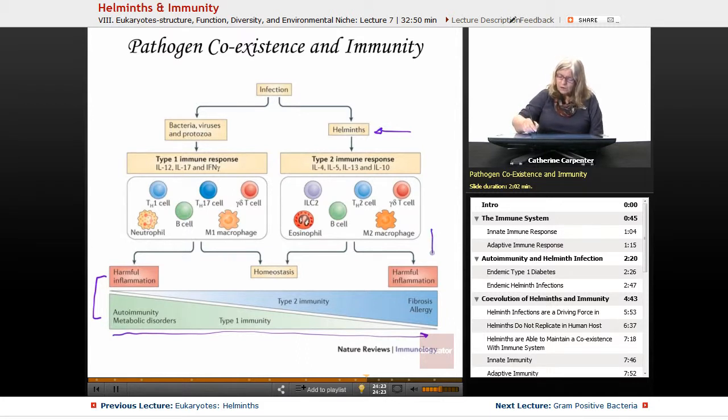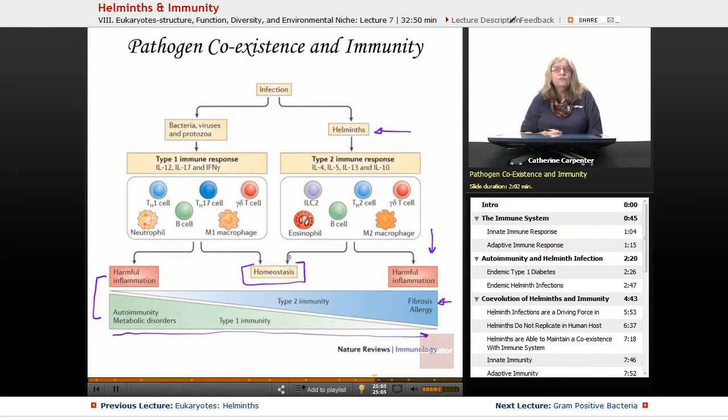We can have harmful inflammation, which we saw with that filariasis example. We get fibrosis in the leg, and potentially those individuals can also have allergies. But it's this homeostasis that is actually protective, where we have a strong type 2 immunity and a strong type 1 immunity, and so this potential tolerance that can occur with these pathogens can actually be health promoting, so to speak. It's this homeostatic place that a lot of immunologists are thinking is a great place to be.